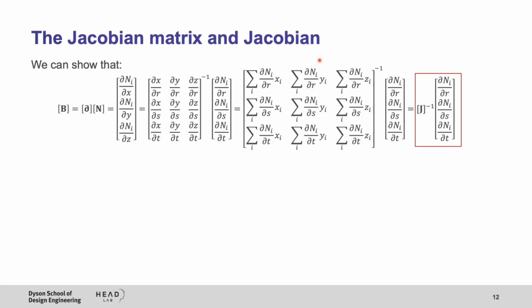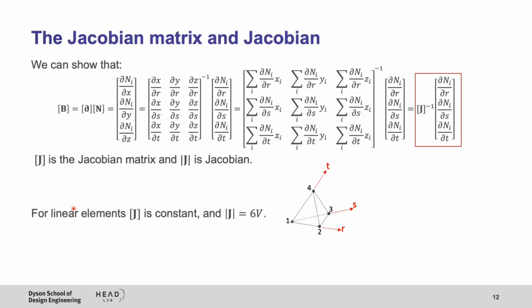So we can name this matrix J. J is called the Jacobian matrix, and its determinant is called the Jacobian. Well, it's not only a mathematical definition, it has physical meaning.